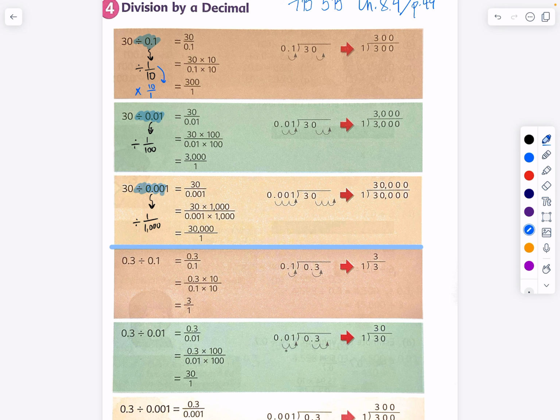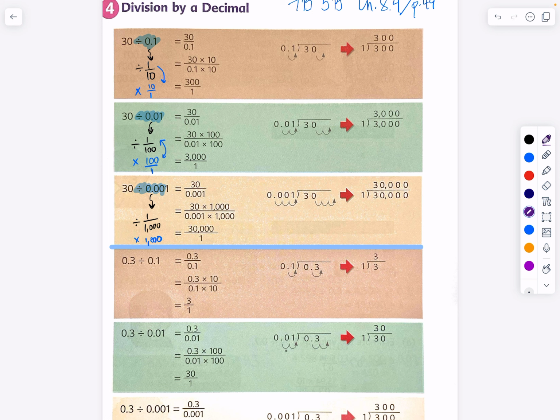To divide by 100 is the same as multiplying by 100 over 1, which is the reciprocal of 1/100. And to divide by 1/1,000 is the same in mathematics as to multiply by the reciprocal, which is just 1,000.